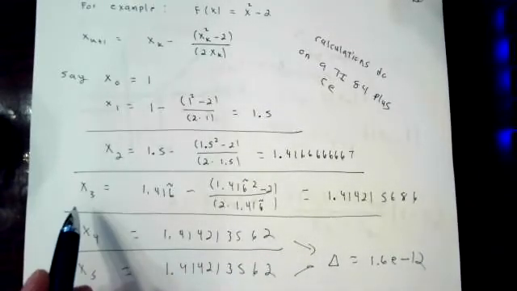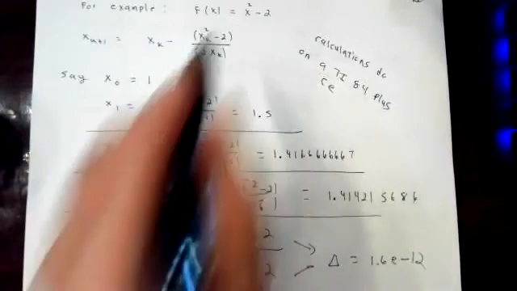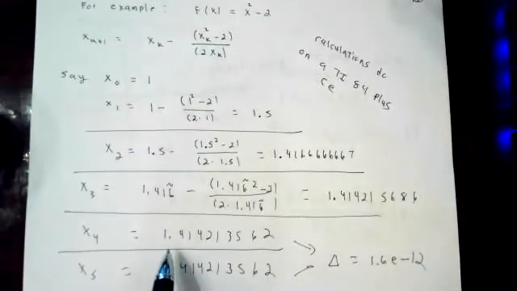I took x₃ and stuck it into this procedure and got 1.414213562. I saved this into the X variable in my calculator because I knew what was about to happen. I calculated x₅, and visually, just looking at the calculator screen, I get exactly the same thing I got before.